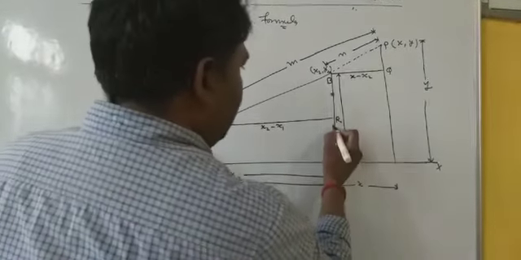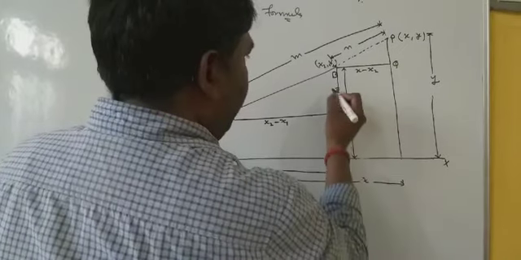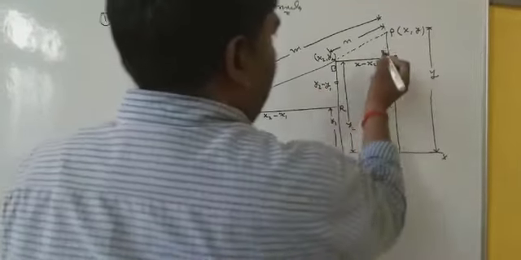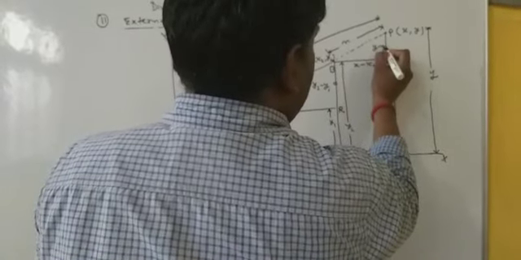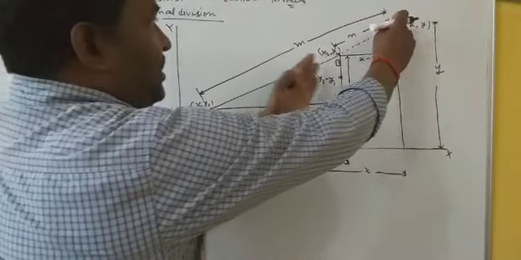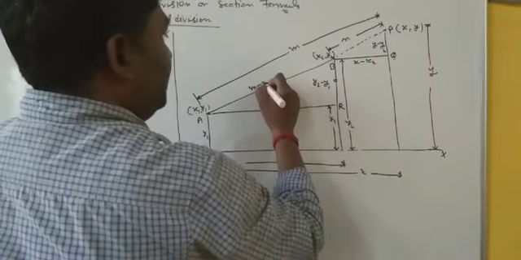So this much only is your y1. Therefore this one is y2 minus y1, and here this is your y minus y2. Now this is your m, this is n. Therefore how much this distance AB? This is your m minus n.